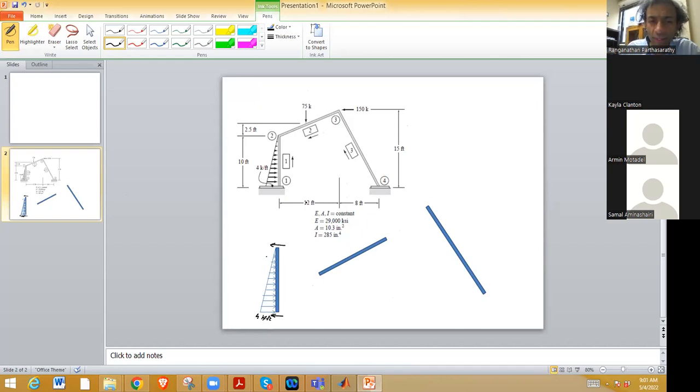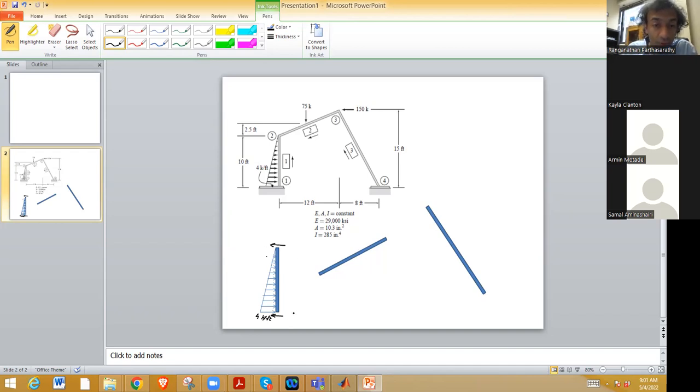So if you calculate WL square by 20, let me take my calculator. So W is 4 and the length is 10 feet. So W times 10 square by 20. So that is 20.